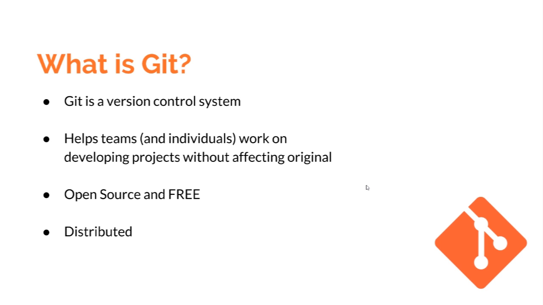It means that you will have a project on the go, and inevitably there are teams working on this one project. What Git does is it allows multiple people to work on one project without modifying the main version. So you'll have a version, say it's a live website.